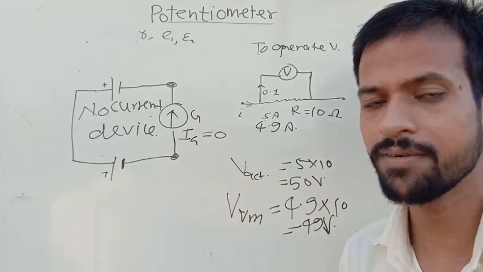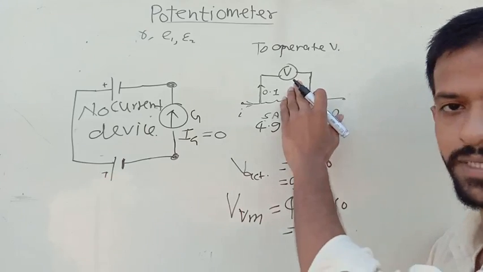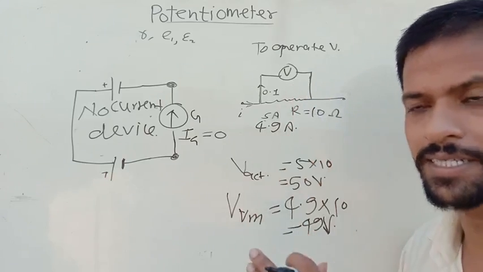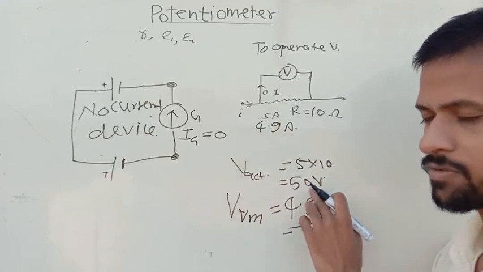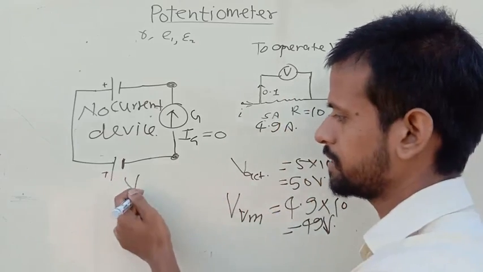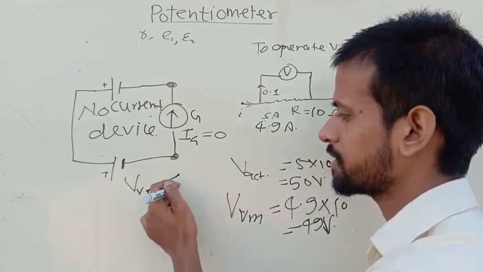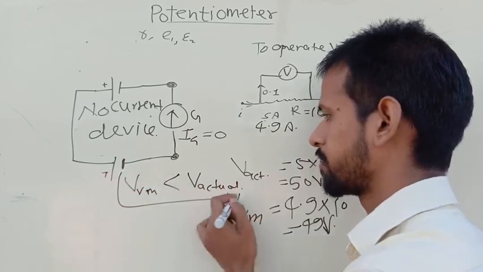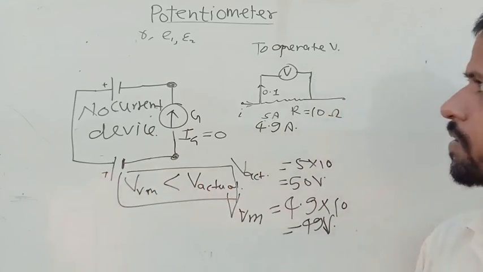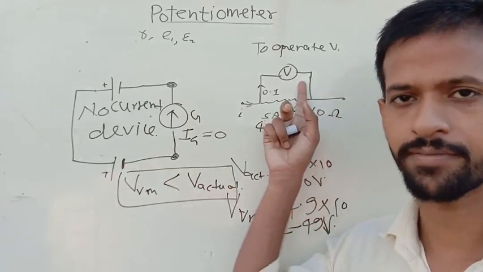Whenever we calculate the potential difference across any resistance by a voltmeter, it will always be less than the actual value. So V by voltmeter is always less than the actual value. Why? Because to operate it, it requires some current.